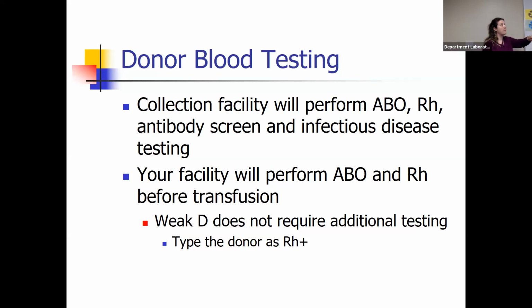If your donor facility has already typed the weak D donor as weak D, so they've already labeled it as RH positive, when you do your RH confirmation at initial spin, you're going to get RH negative, okay? So you'll have to confirm that with the donor center, but you do not have to repeat that weak D test, okay?